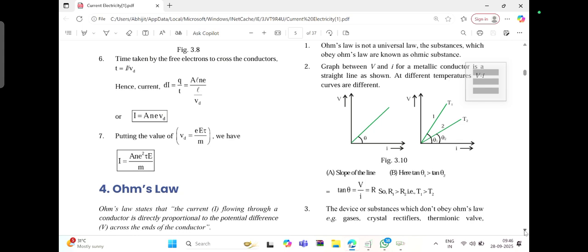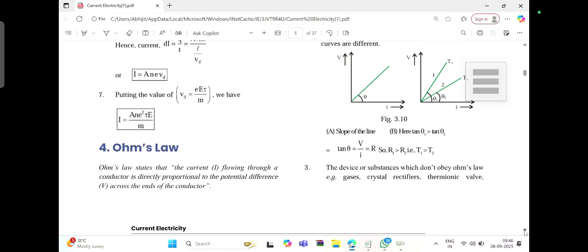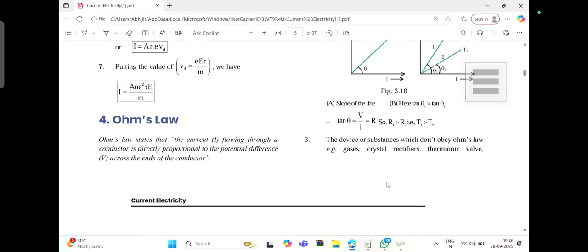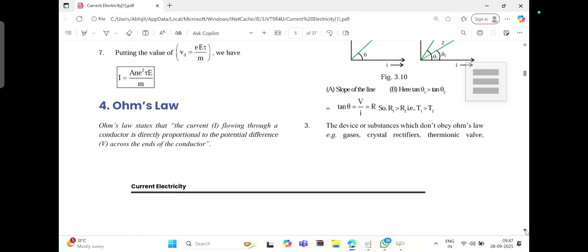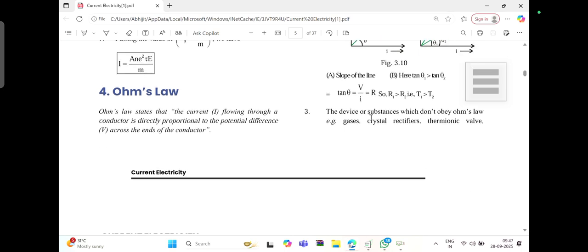The devices or substances which do not obey Ohm's law — that is the new topic for you, and the starting point of our new lecture.